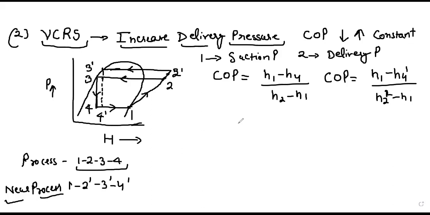Now, if we compare both, first of all, the refrigeration effect. H1 minus H4 will be compared with H1 minus H4 dash. So if we compare these both values, which one will have the more value? H1 remains the same for both the points.